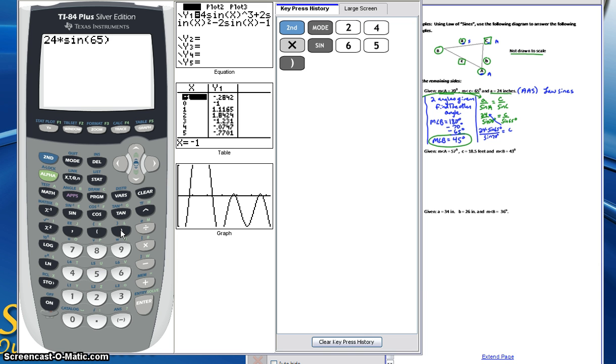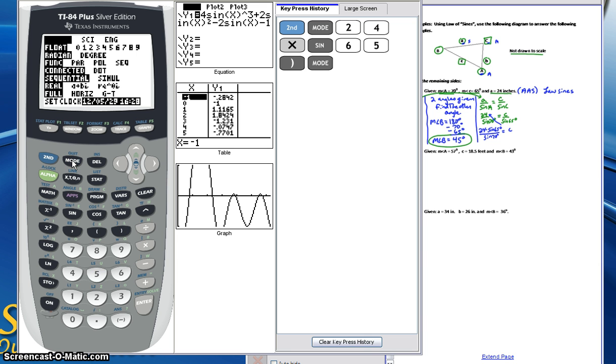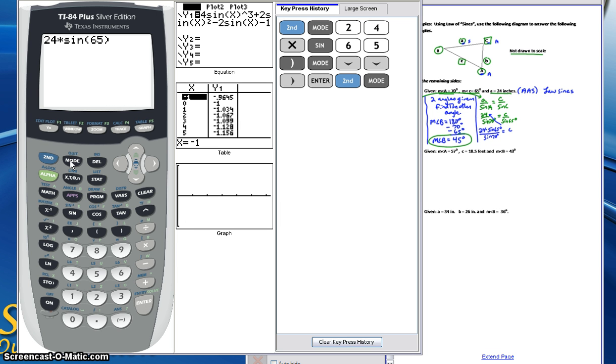Now again, I'll do a quick check on my mode. I am in radians, so I want to make sure I'm in degree. Hit enter to select that. Go second, quit, back there. And now I'm going to divide that all by sine of 70 degrees. If I hit enter, I get an answer of 23.15.